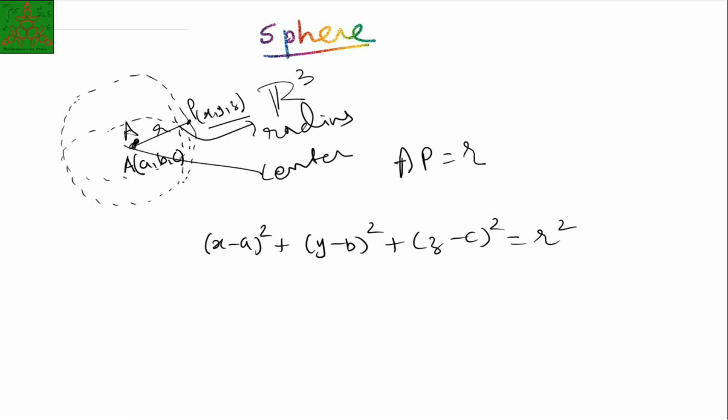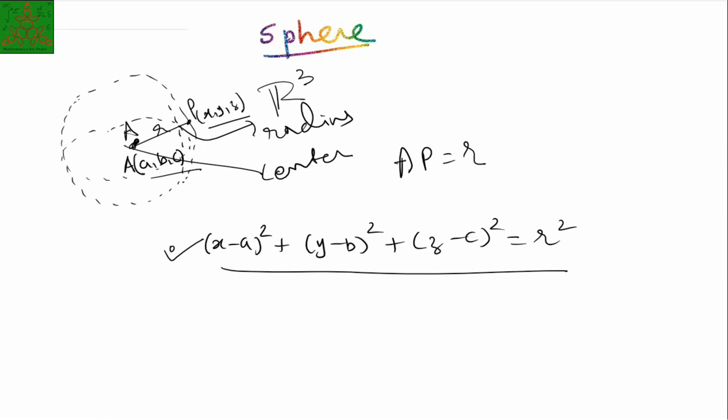So in general, the equation of the sphere looks like this, with center (a, b, c) and radius R. This is the first fundamental thing you should note here: the equation of the sphere with center (a, b, c) and radius R is this. Also, one should note the family of spheres.